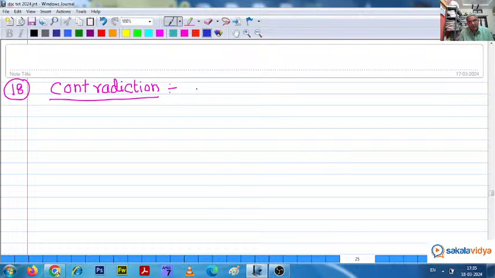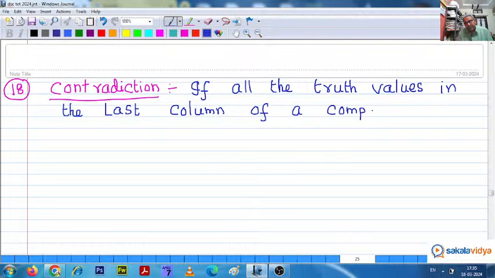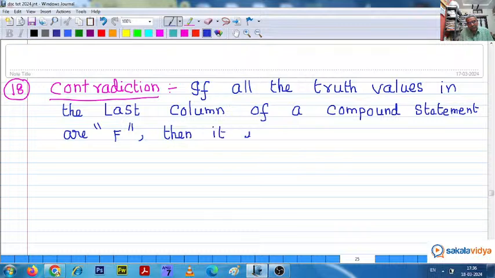See, contradiction means if all the truth values in the last column of a compound statement are F, F stands for false, then it is called a contradiction.